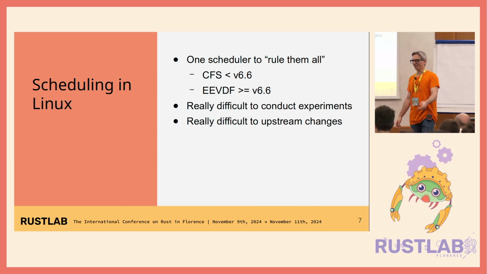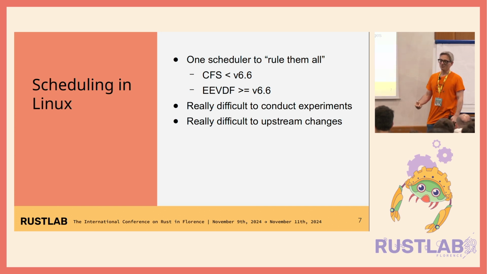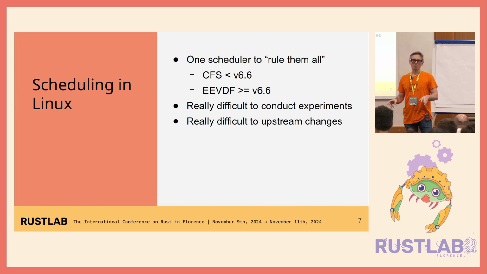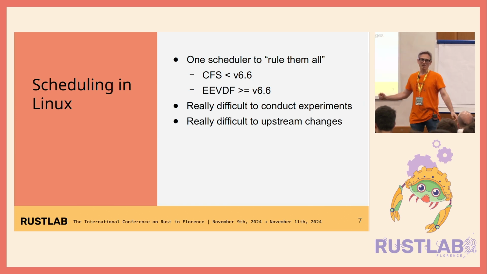Test this in production. It's also difficult to upstream changes because sometimes you find things that work really well for you, so you try to upstream them, and the maintainers are like, nope, we can't accept that because we're going to regress who knows whose workload. We're going to make the database people unhappy.